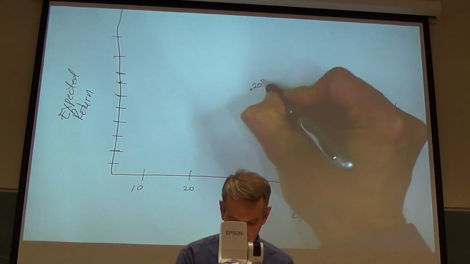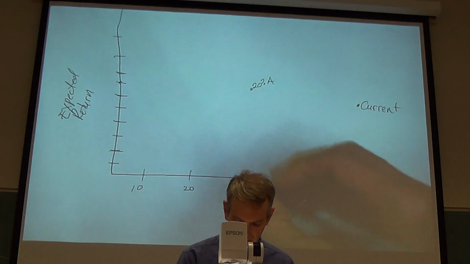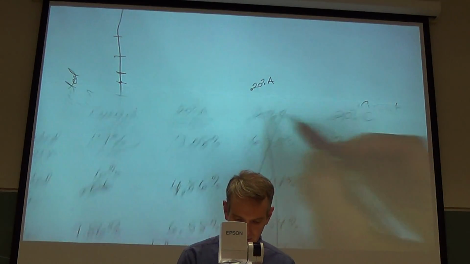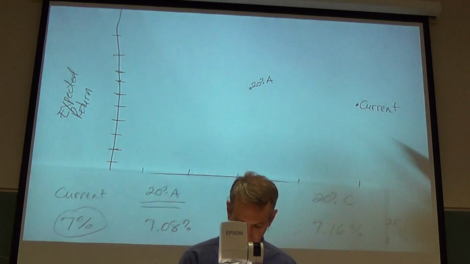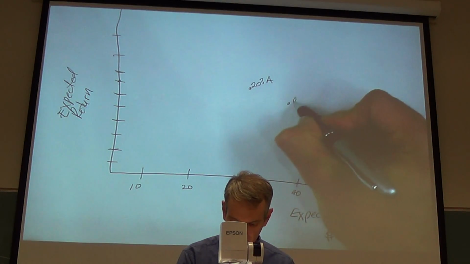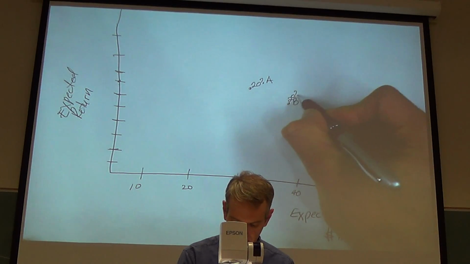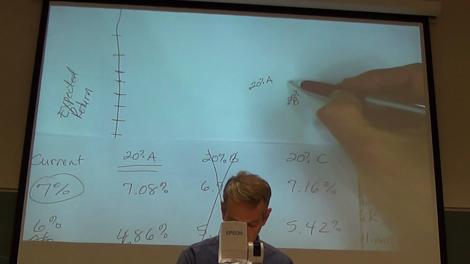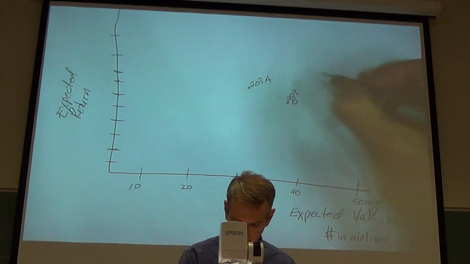So 20%. A. B has a 6.9% return, so slightly below 37.7, so somewhere right around there. And then C has the highest expected return, but the risk right about there.